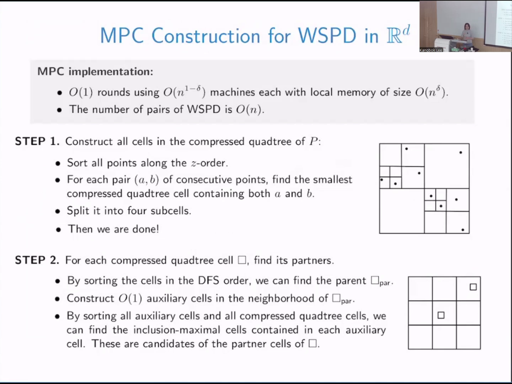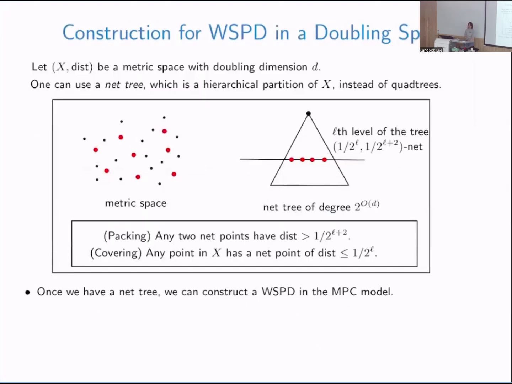We just parallelize the known sequential algorithm in the Euclidean space. However, in the doubling metric space, we need to design a new construction algorithm to get the output in a constant number of rounds.